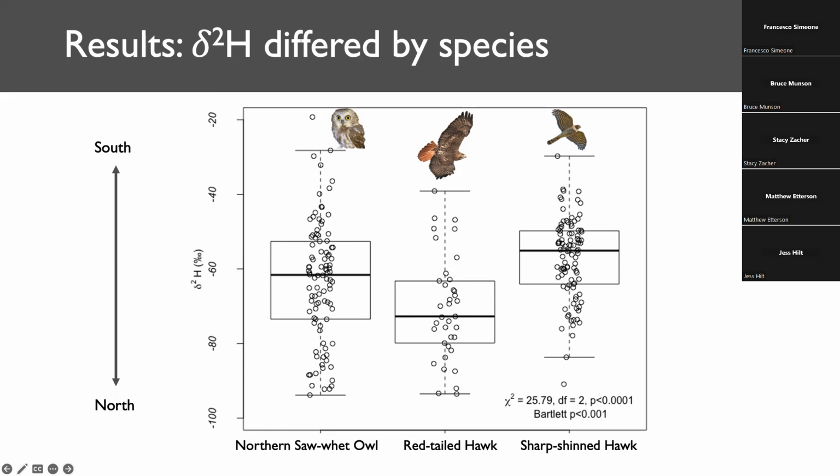So from just looking at this, we can see that we had a pretty good spread in our data, meaning individuals coming from a variety of locations, with some clumps around the average location that a bird might be coming from. We also can see that, for instance, red-tailed hawks have maybe some more individuals that are coming from further north in these more negative areas.